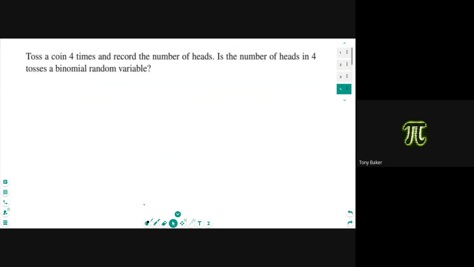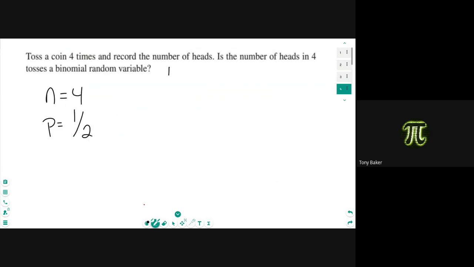The second thing we want to look at is how many times am I doing the experiment? In this case, I'm doing it 4 times. So n in this case is 4. What is the probability of getting a head? Yeah, 1/2.